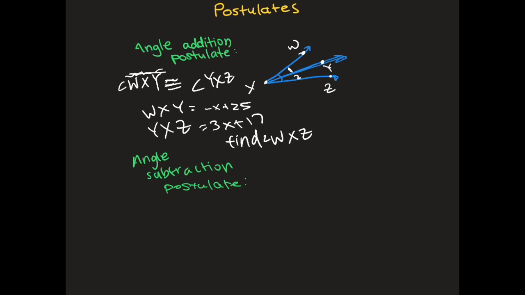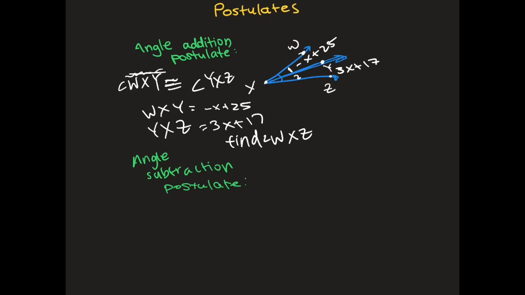So we're given our two separate angles, and we'll just plug them in really fast. WXY, we know it's the top one, so that would be minus X plus 25, and YXZ is 3X plus 17, and it's asking us to find that really big angle, WXZ.